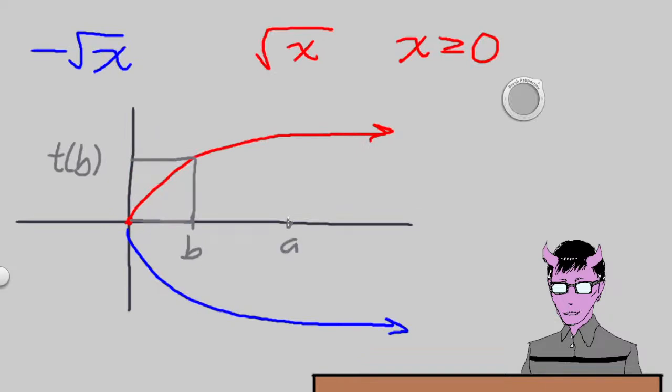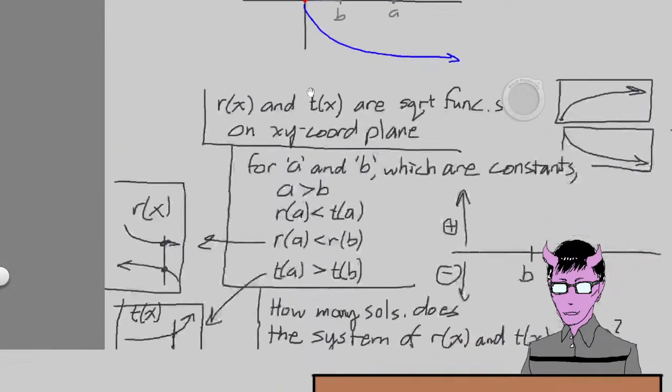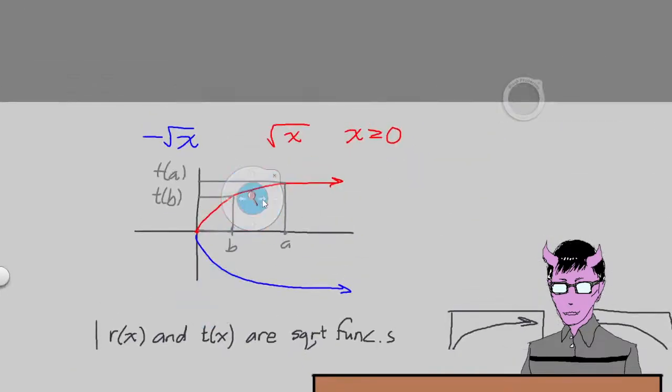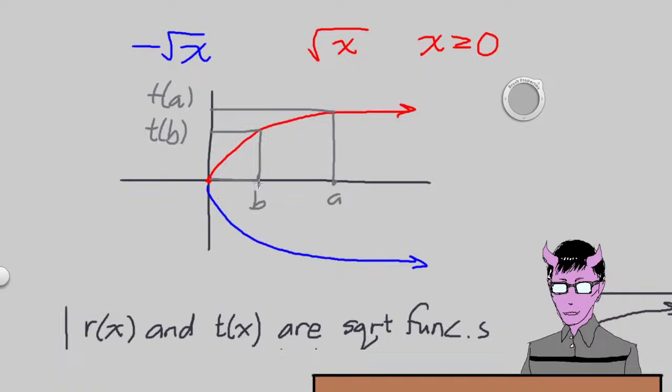And this is an a value, it leads to a higher y value, t of a. Wait, is that right? Yeah, t of x is the growing function. And then the r of x is the shrinking one. So this b value leads to that particular y value, for example. So this is for r of b. And you can see that this is a higher y value than this y value, which is basically r of a.